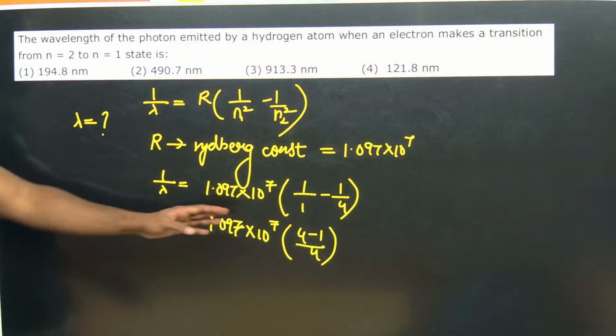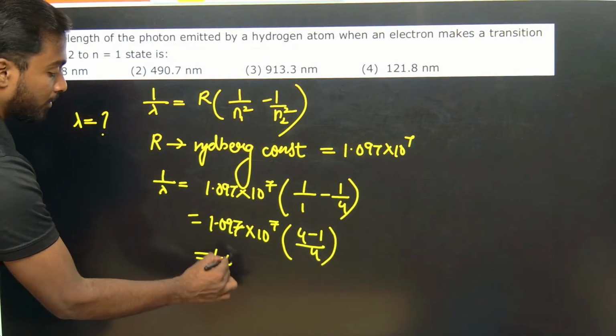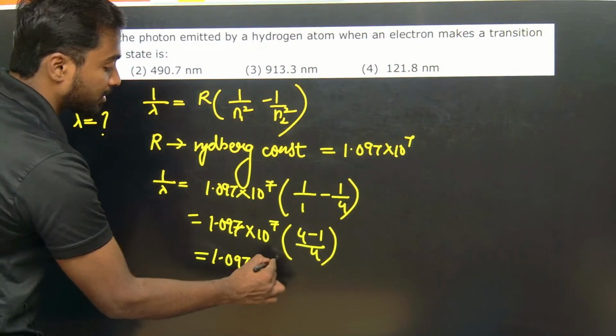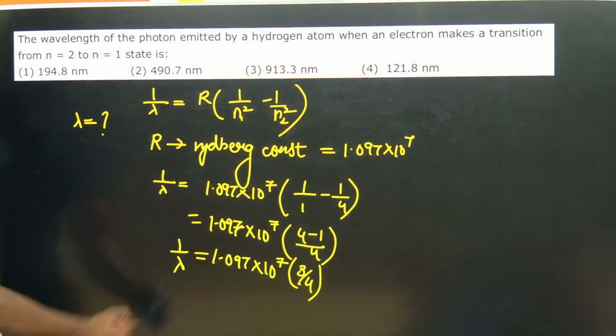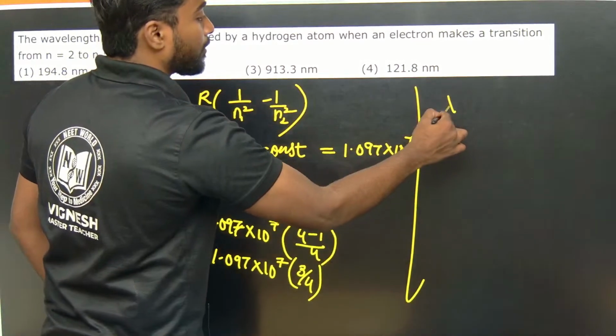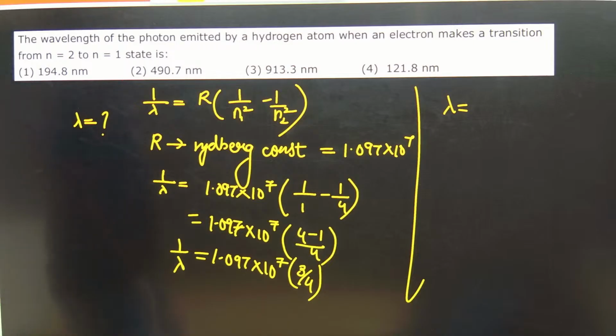I have written it directly, but there is an extra step here. So 1 by lambda is 1.097 into 10 power 7 into 3 by 4. I need lambda.